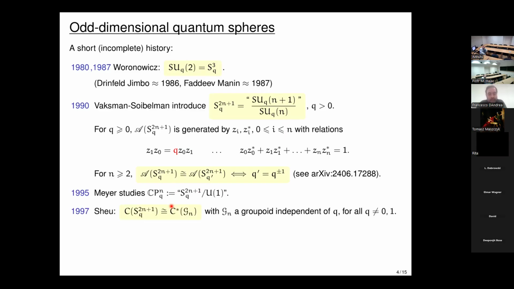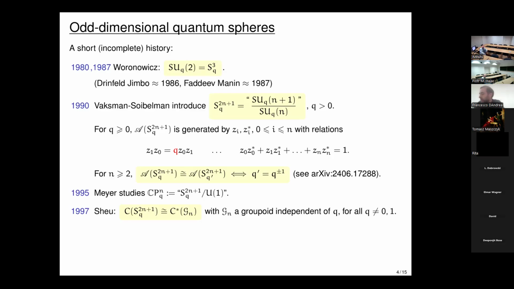And then 2 years later, Albert Sheu realized that you have this sphere relation telling you that the star enveloping algebra of these star algebras exists, is well defined, and in fact these are embedded in their star enveloping algebra. You can identify them with dense subalgebras.